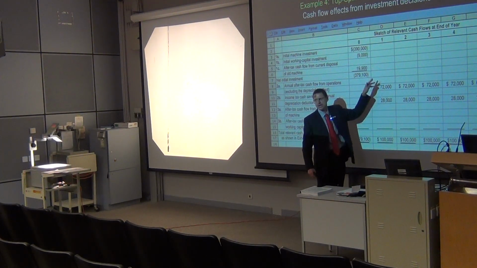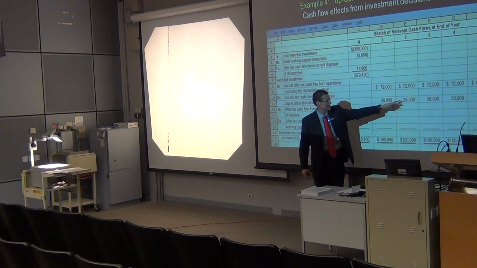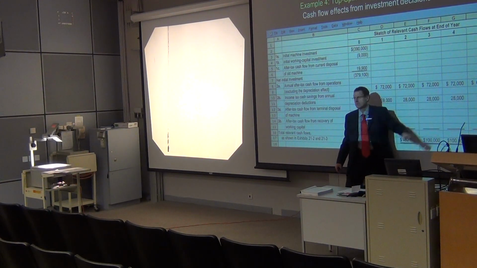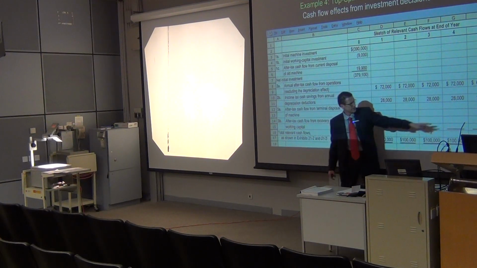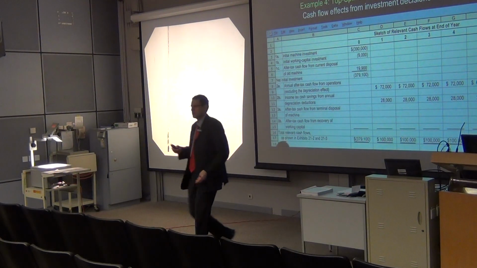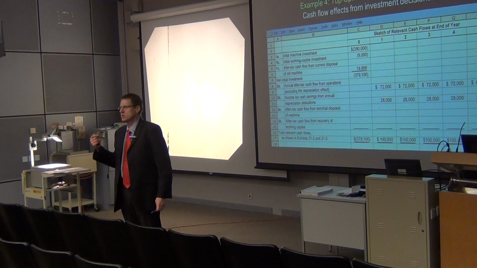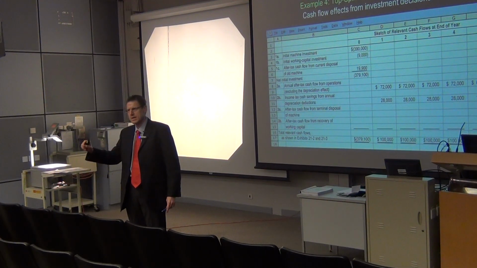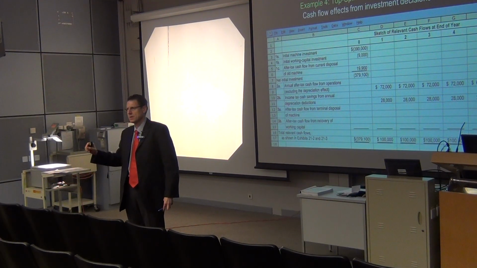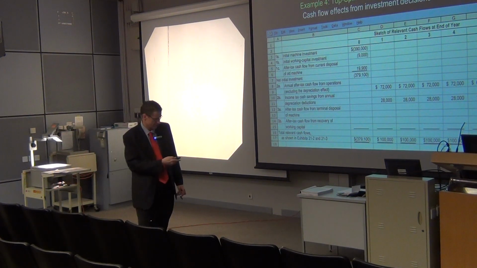Why? Because you can't claim it as an expense when you invest, so you claim it as a depreciation expense throughout the life of the investment, and then you've got the final salvage value adjustment. Okay, so you've got those three parts you need to keep in mind. All right, I don't want to force you to think about tax calculations, but just be aware, even though we're not examining you directly on the tax adjustments.